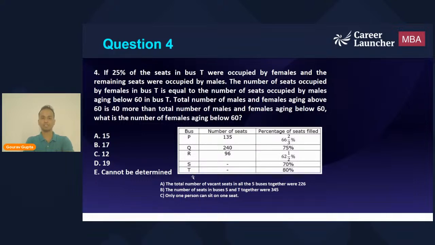Now, for this question, I will remove the options. I will remove all the options and would like all of you to calculate the answer for this. I have removed the options.